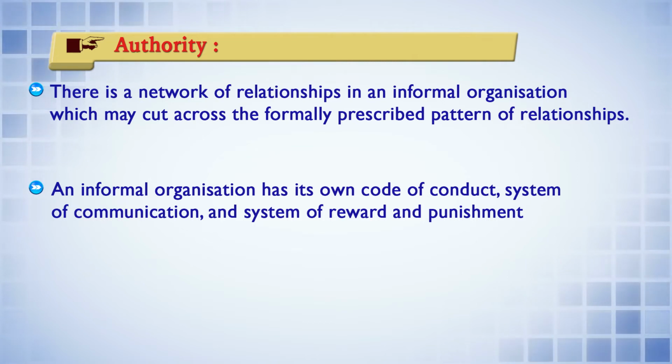Informal organizations develop their own system of reward and punishment, that if somebody follows the group activity, if somebody follows the group norms informally, what reward you are going to provide, or if somebody violates that, what punishment you are going to provide to him or her.